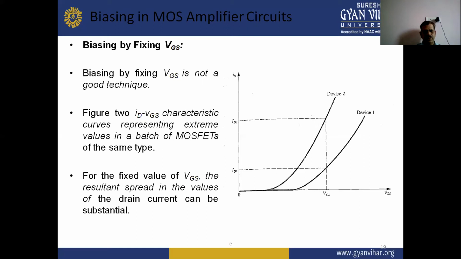So biasing by fixing VGS is not a good technique. In this figure, two ID versus VGS characteristics represent the extreme values in a batch of MOSFETs of the same type. And for a fixed value of VGS, the resultant spread in the values of the drain current can be substantial.